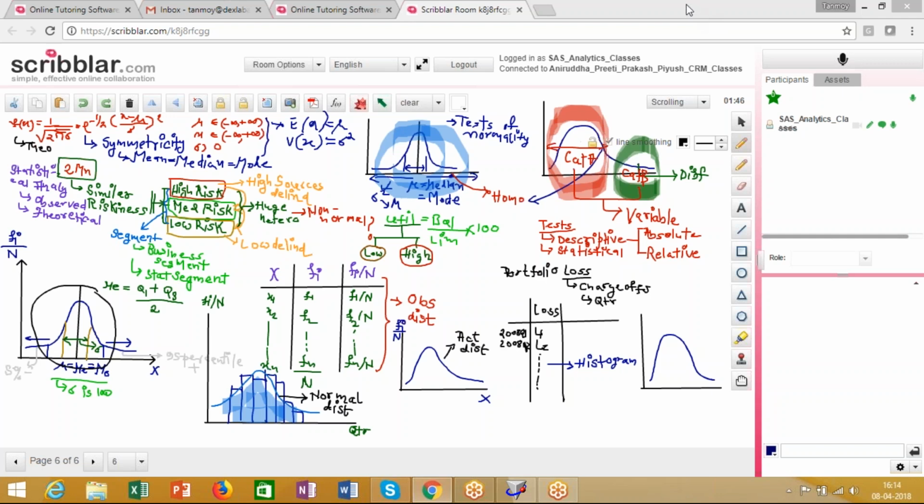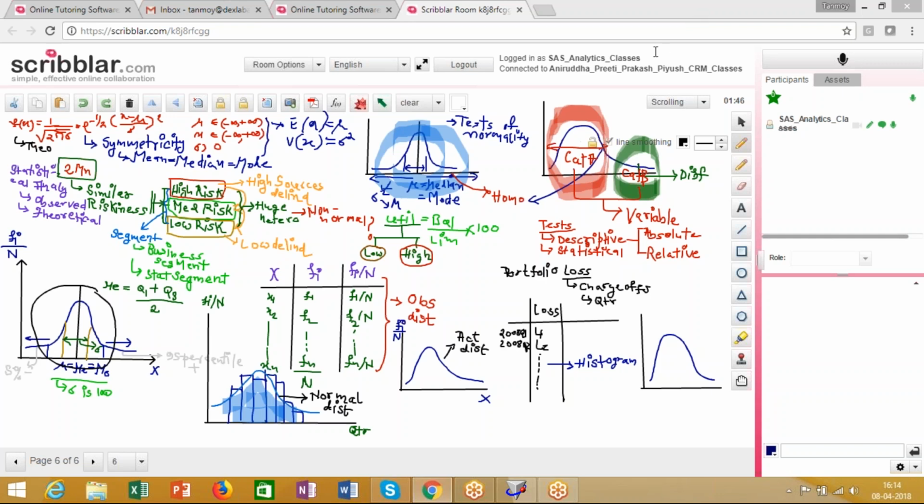Now what we need to do is develop a statistical measure, or as we call it, a statistical test. So how do we develop this? Let's think about this.